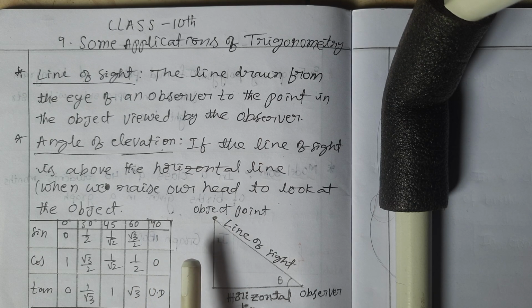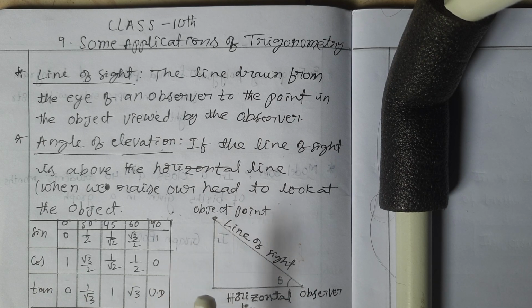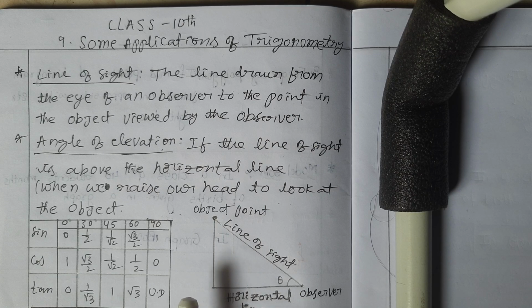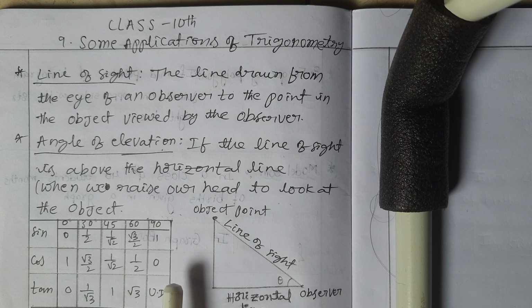It may be a temple tower, the top point of an object. So you can measure the height without climbing, the height of a tree, even mountains. That is the application part, so you need to understand this concept clearly.